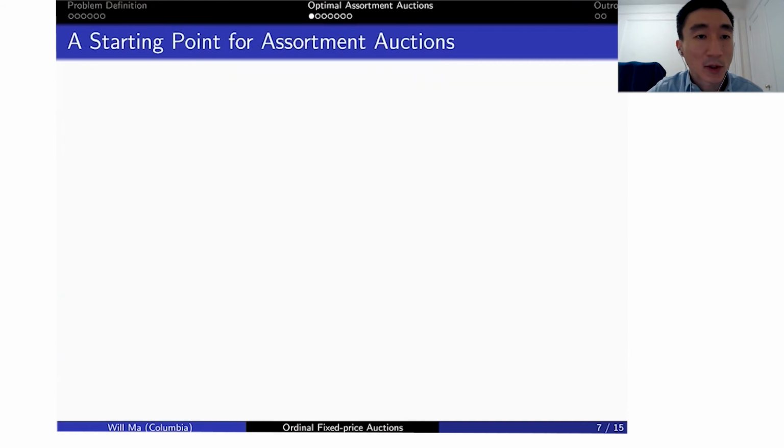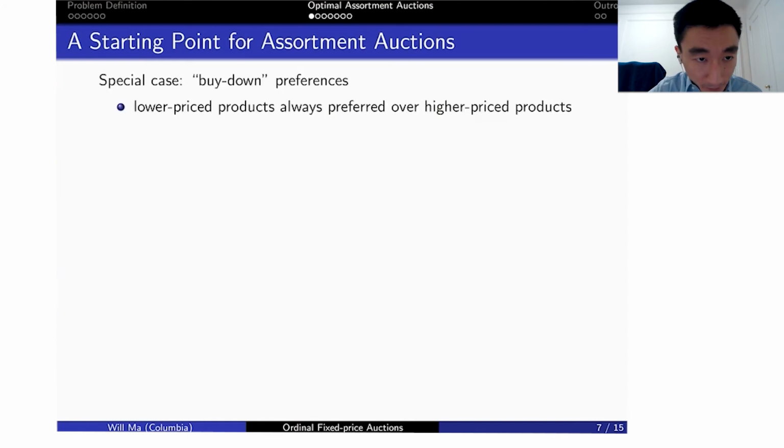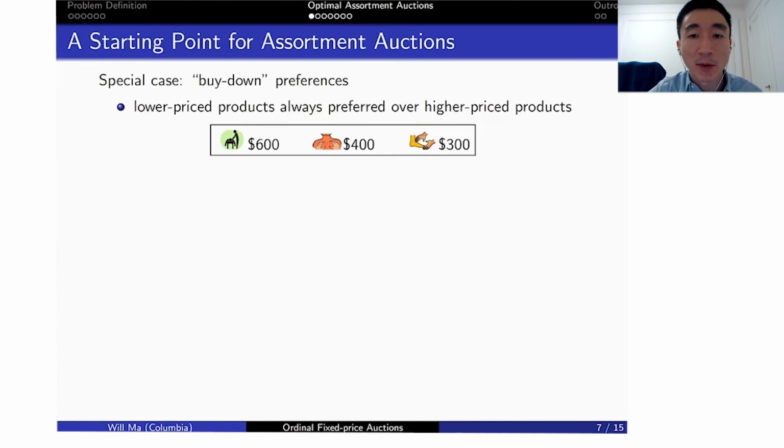Okay, so let me now introduce our main results. First, I want to point out a starting point for assortment auctions, which is what I'm going to call the problem I'm studying. It is the special case where customers always prefer lower priced products over higher priced products.